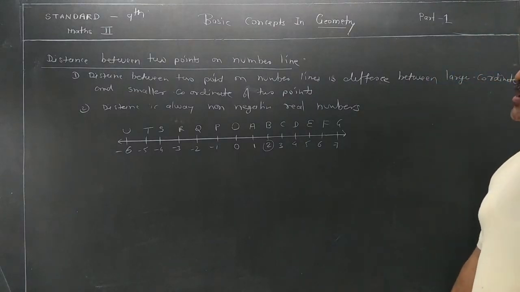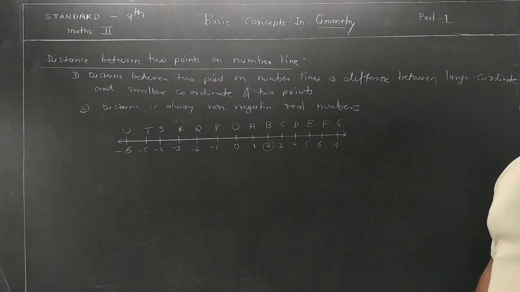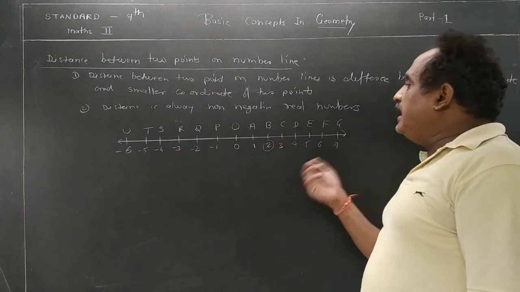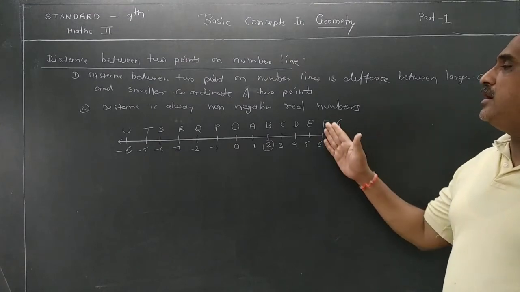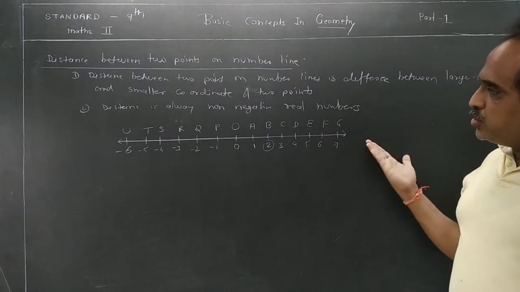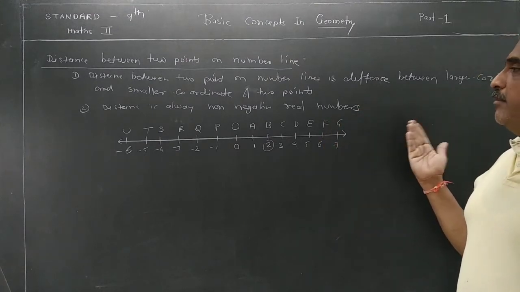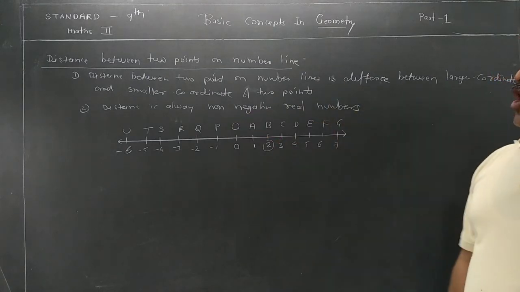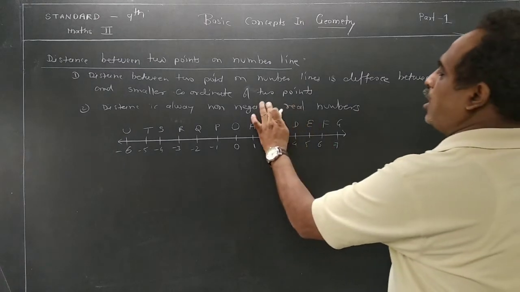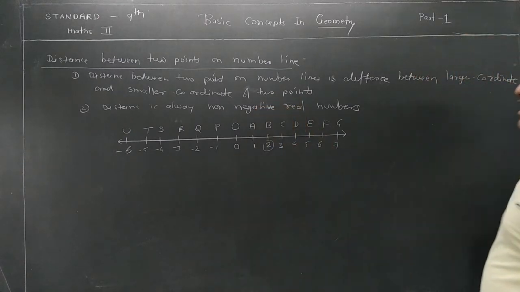It is always a positive real number. Real number means it may be 2.3, it may be 2.5. It may be in decimals also, but it is a real number and it is non-negative. They are always positive.